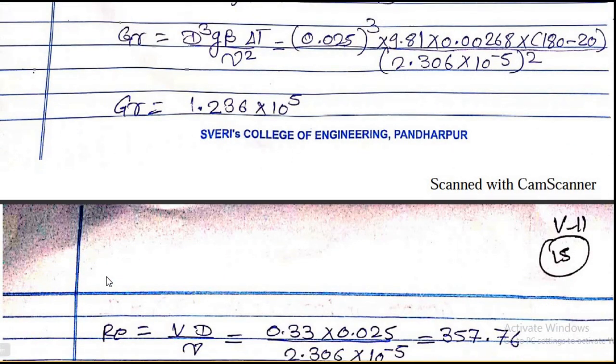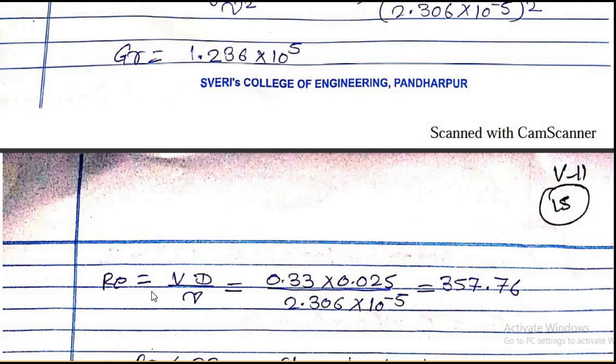Then next thing we have to determine the Reynolds number. So Reynolds number is equal to velocity multiplied by characteristic dimension divided by nu, where this nu is the kinematic viscosity. So velocity is 0.33 multiplied by diameter 0.025 divided by 2.306 multiplied by 10 raised to minus 5. We will get the Reynolds number 357.76. Now this Reynolds number is less than 2300.